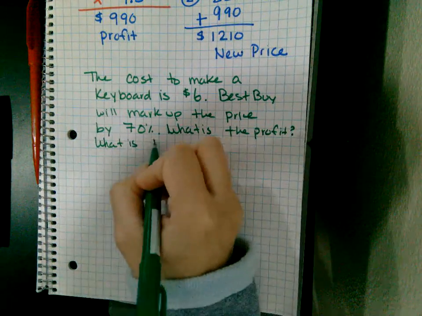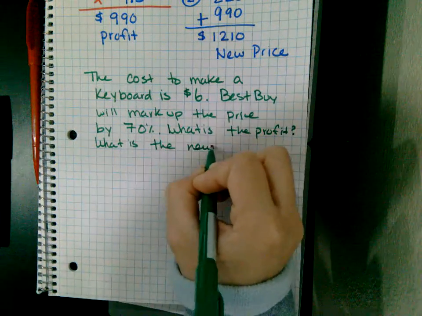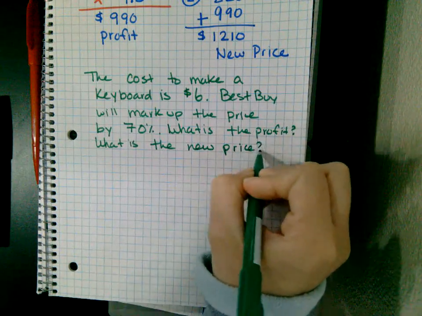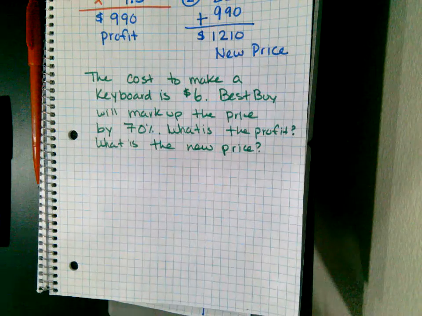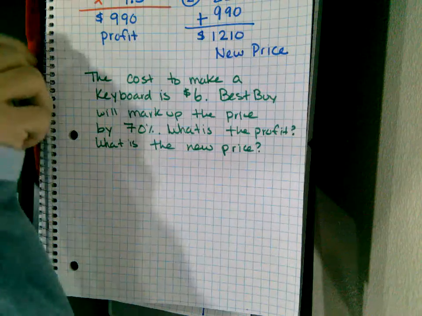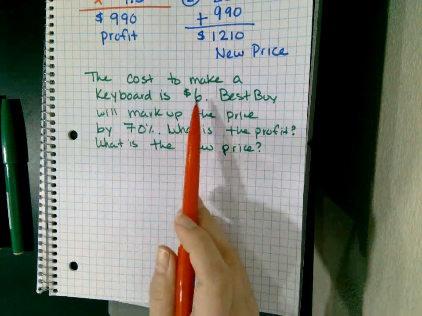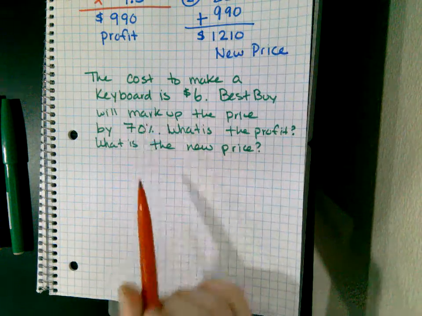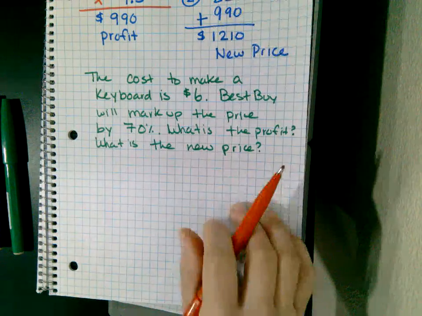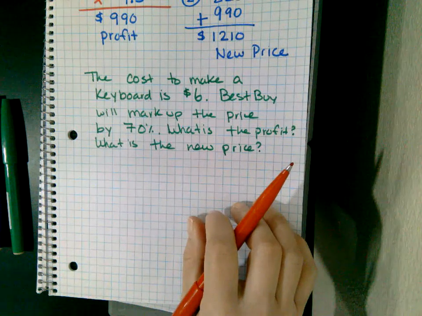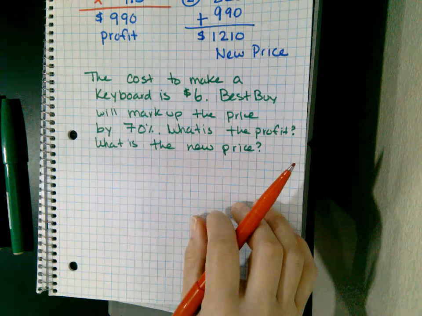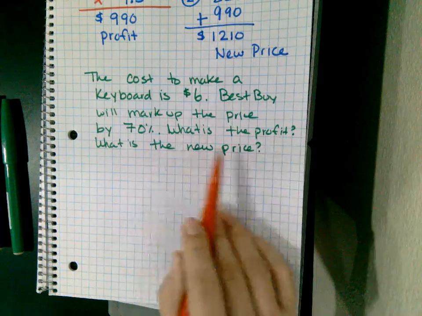What is the new price? Question mark. Okay. So the cost to make a keyboard, like the one you type with, is $6. Best Buy will mark up the price by 70%. What is the profit and what is the new price?